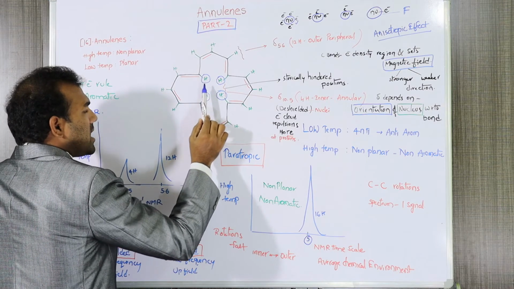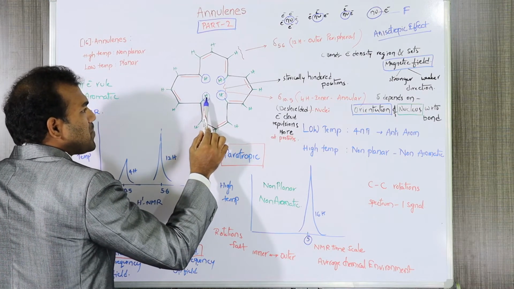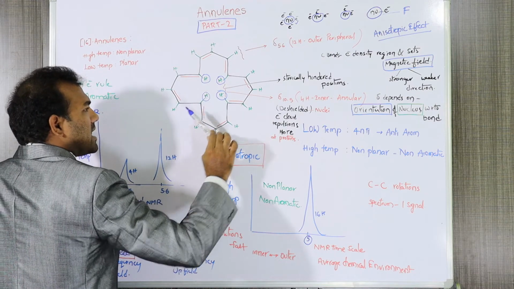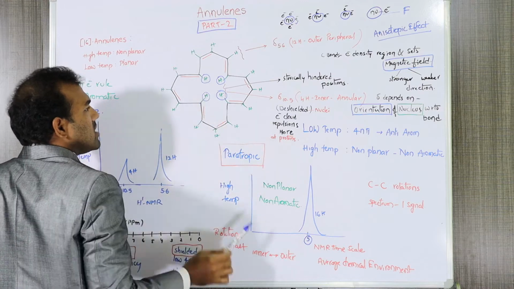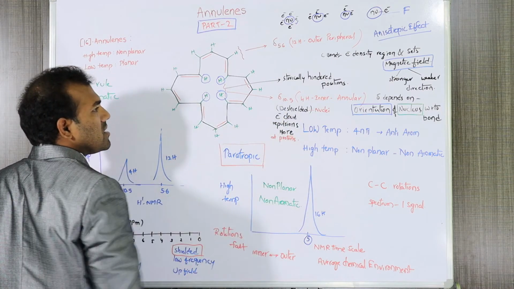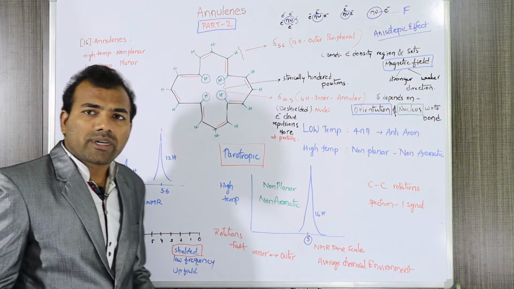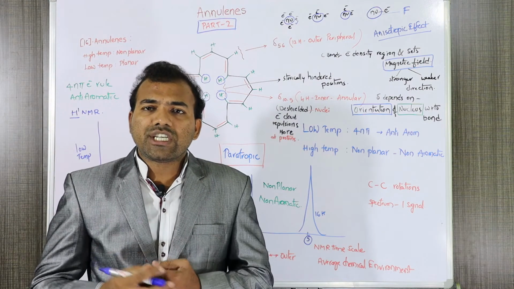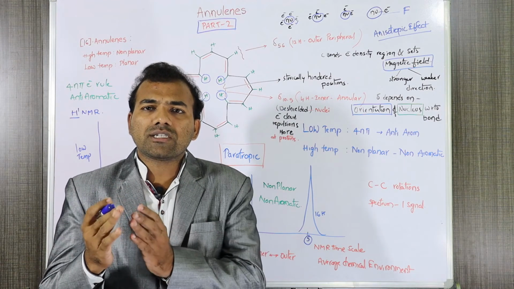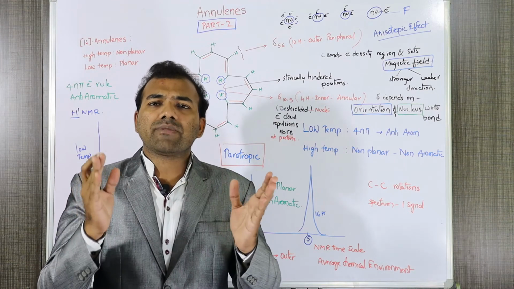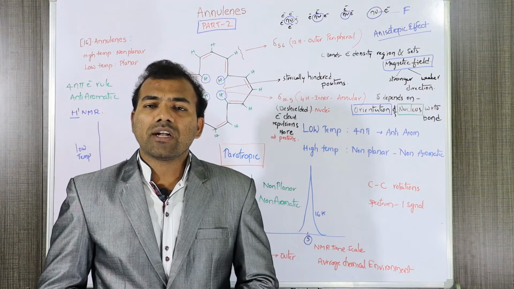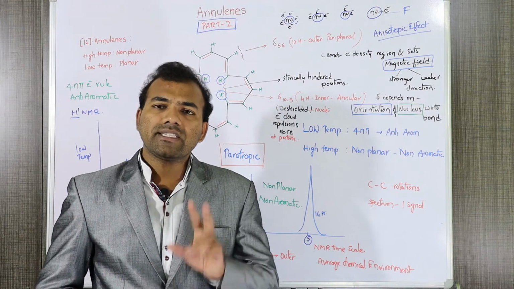So due to the electron cloud repulsions, the electron density moves away from the nuclei, so that these nuclei will get de-shielded. Hope you understand. Due to the electron cloud repulsions, the electrons will move far away from the nucleus. Then these nuclei will become de-shielded, the van der Waals de-shielding effect. So that is the second factor.